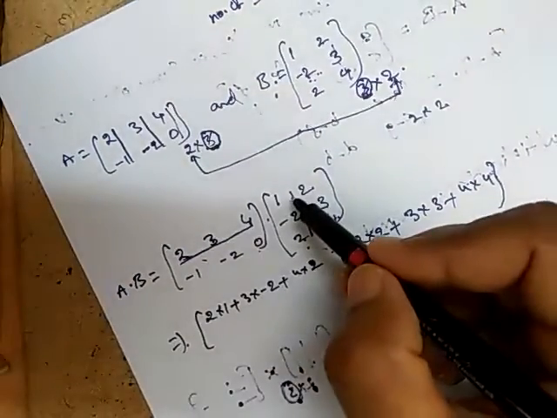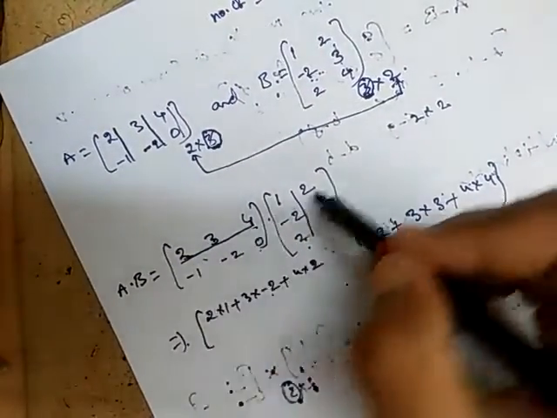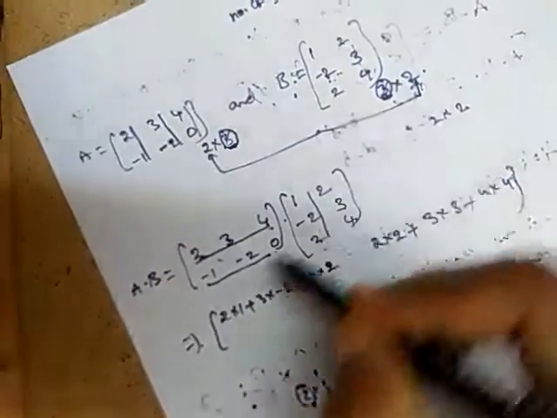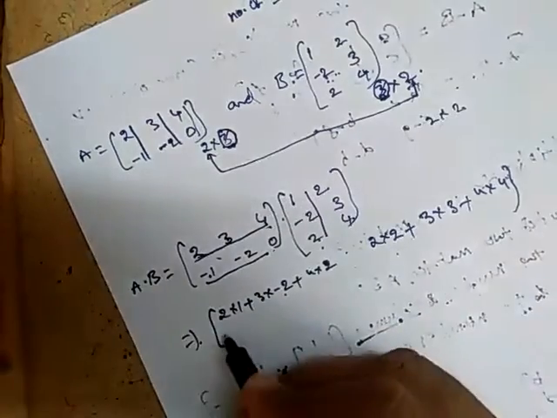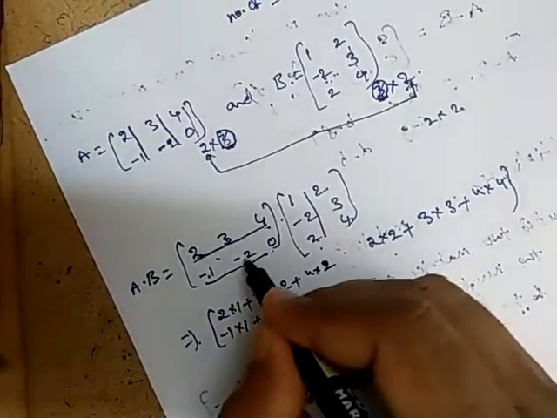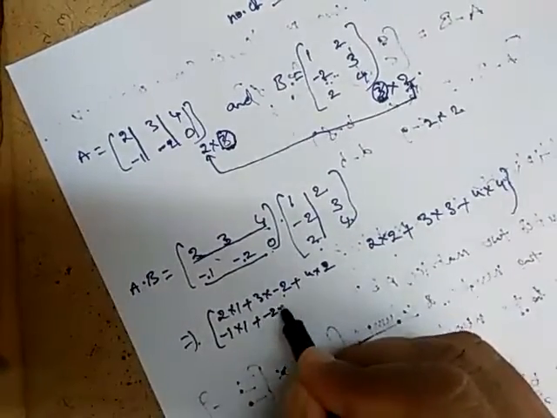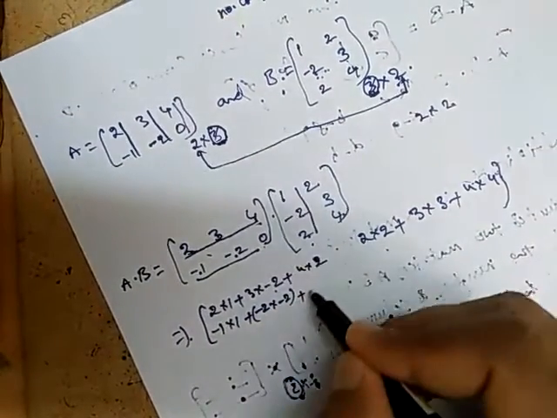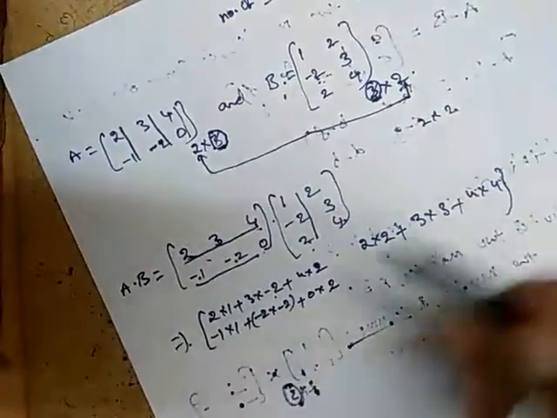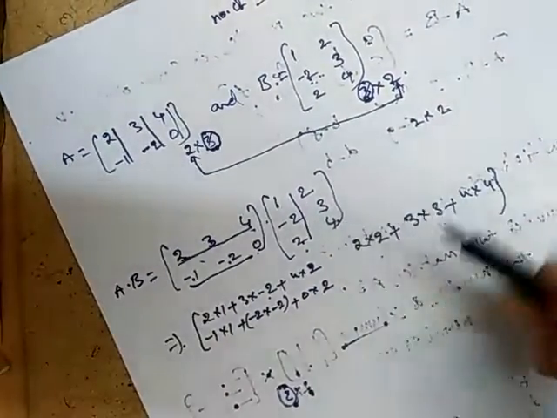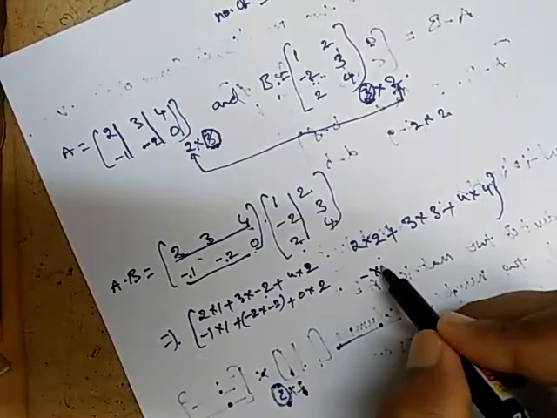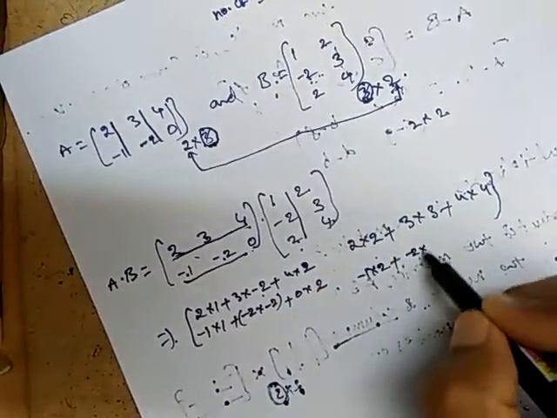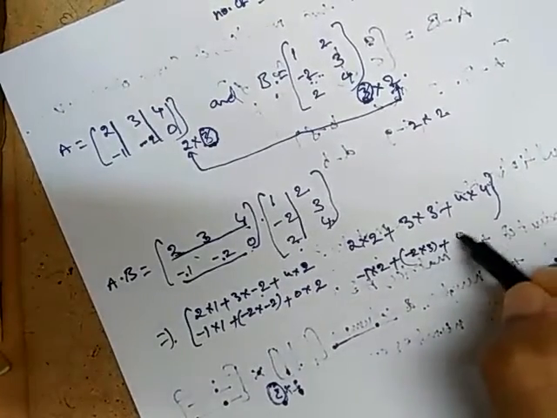Next, second row, first column: minus 1 into 1 plus minus 2 into minus 2, plus 0 into 2. Next, second row, second column: minus 1 into 2 plus minus 2 into 3 plus 0 into 4.